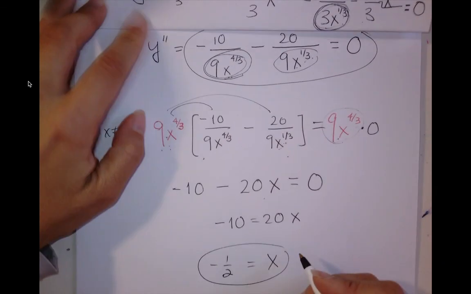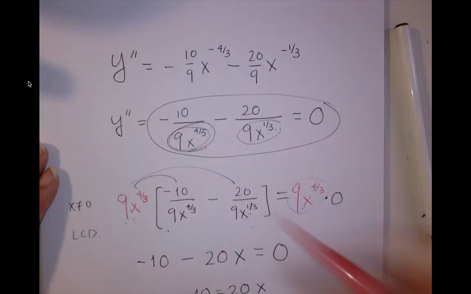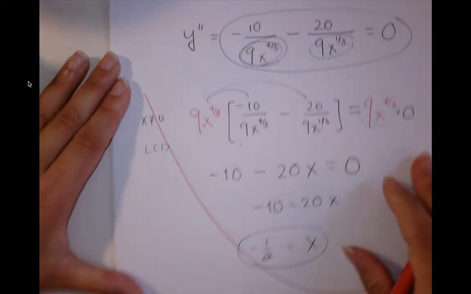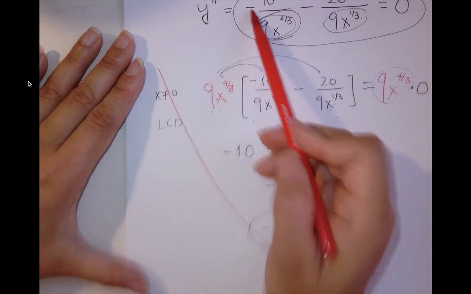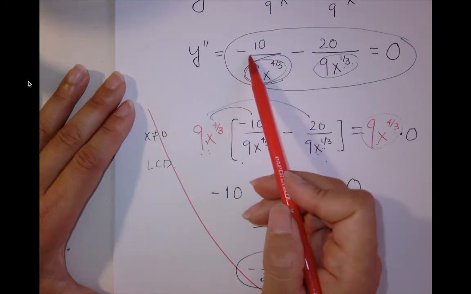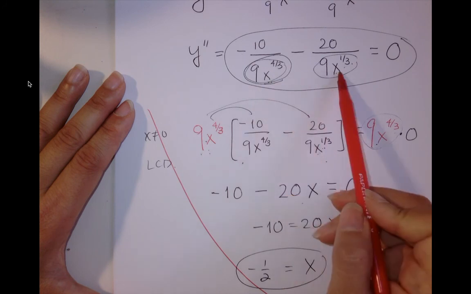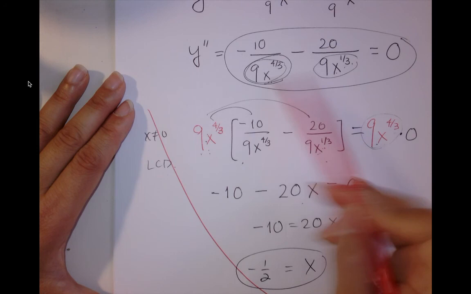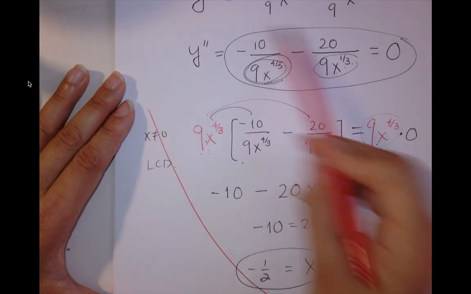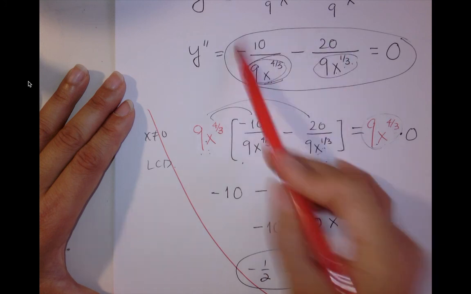Like I said, there are other ways to solve these equations. For example, once you found the least common denominator, you could have rewritten these as fractions that have the same denominator, and then combined them into one fraction, and then set the numerator equal to 0.